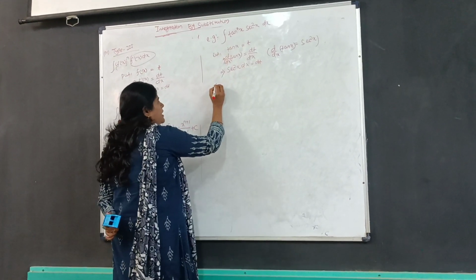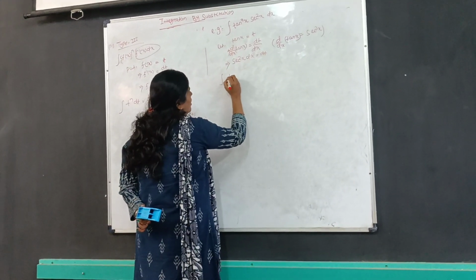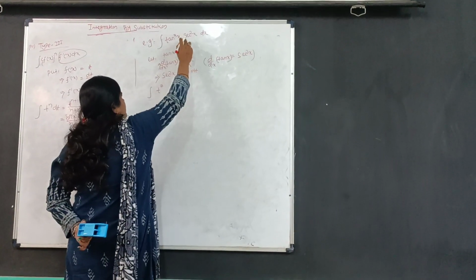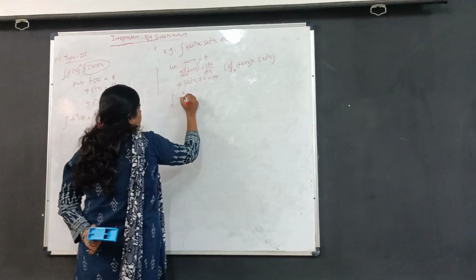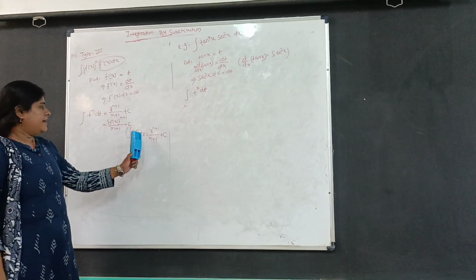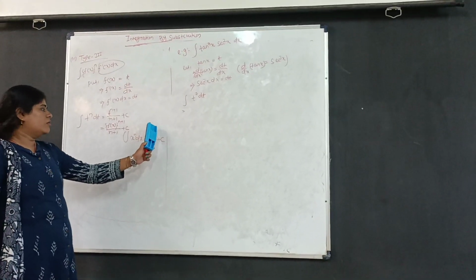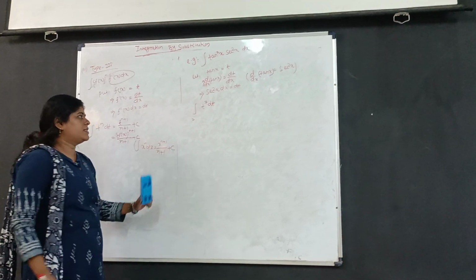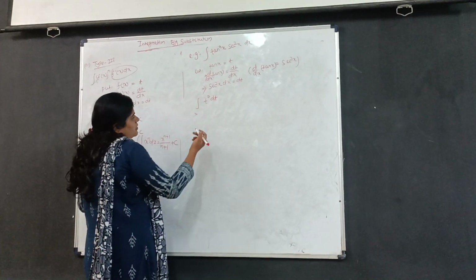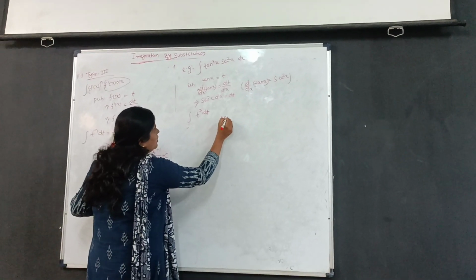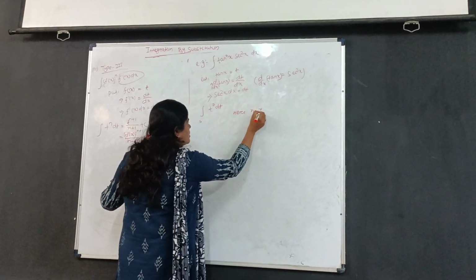So this integrand is converted to integration of t to the power 7 into sec square x dx, which is put as dt, which is of the form x to the power n dx, which is equal to x to the power n plus 1 divided by n plus 1 plus c. Using this formula we get the result. Here n is equal to 7.